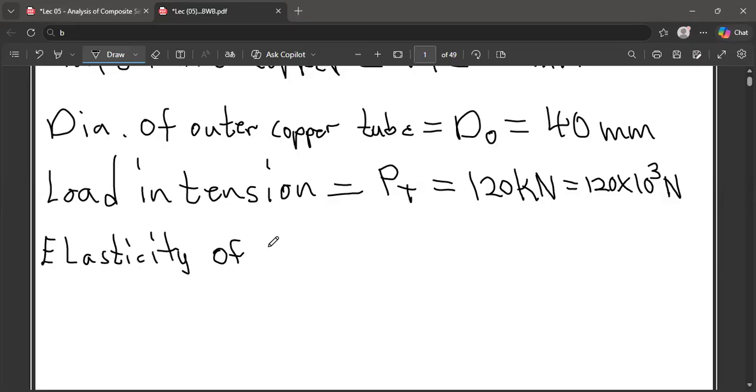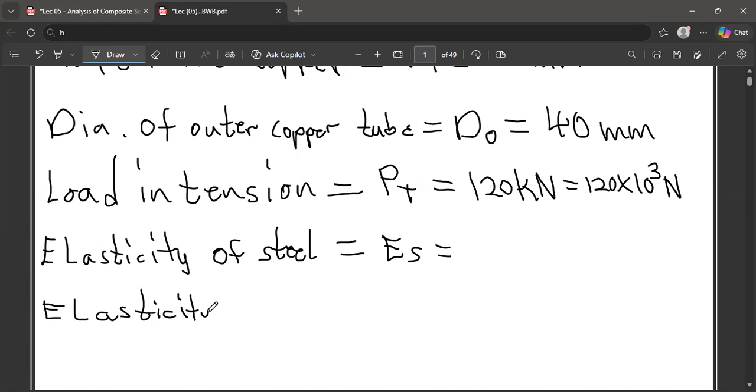Elasticity of steel can be denoted as ES. And let's also put down the elasticity of copper, which is EC.